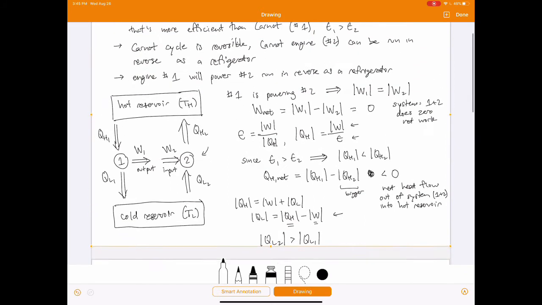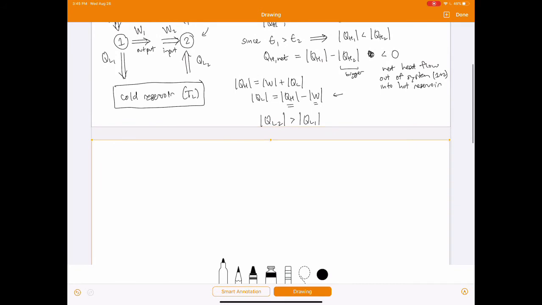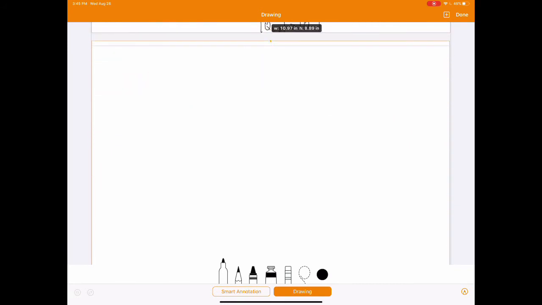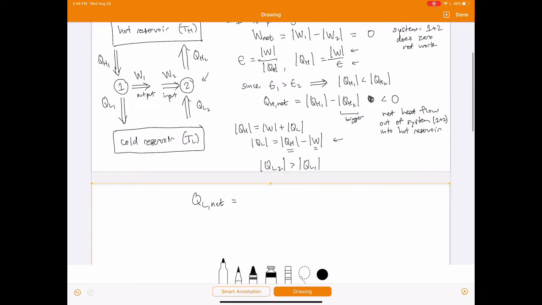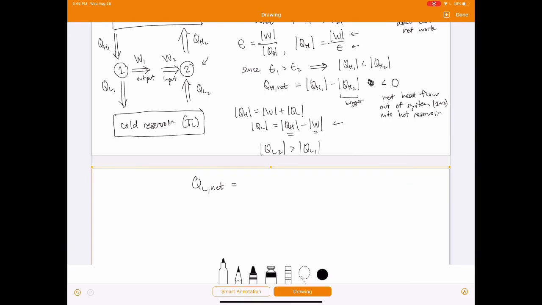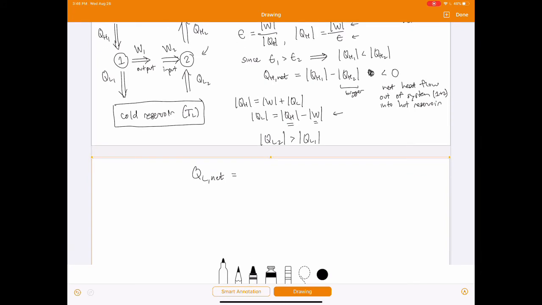So guess what we're going to do next? We're going to look at the net heat flow, QL net. So if we go to the diagram, for number 2, there's heat flowing into the gas from the low temperature region. So that's going to be a positive heat flow, QL2.